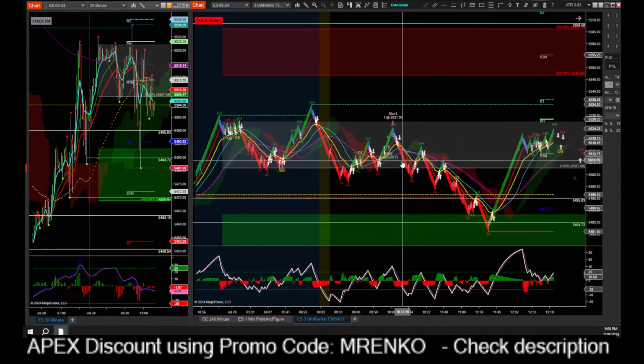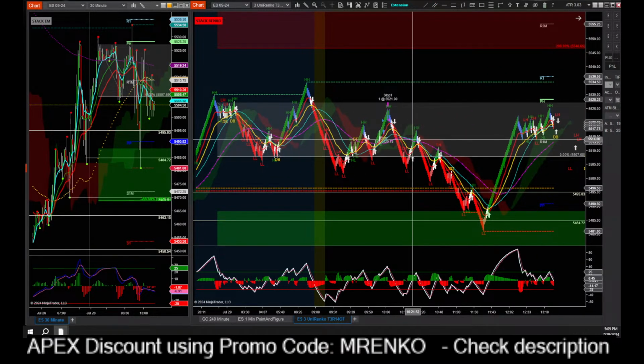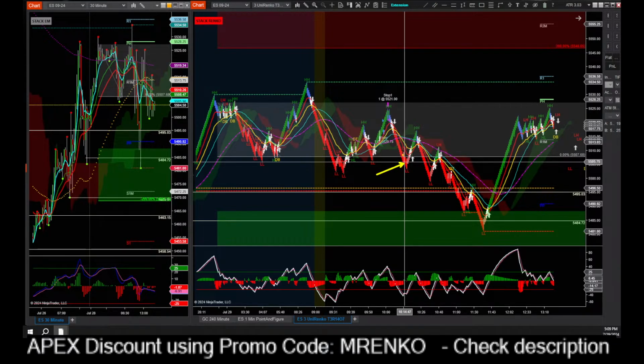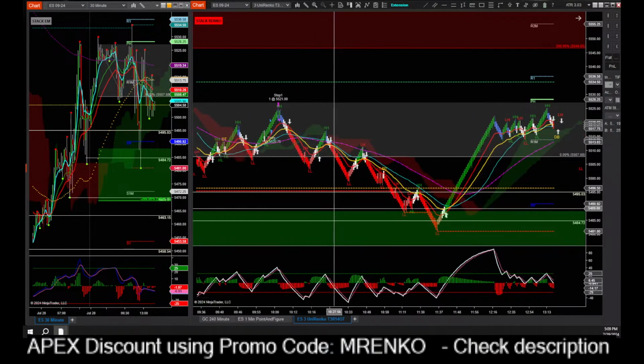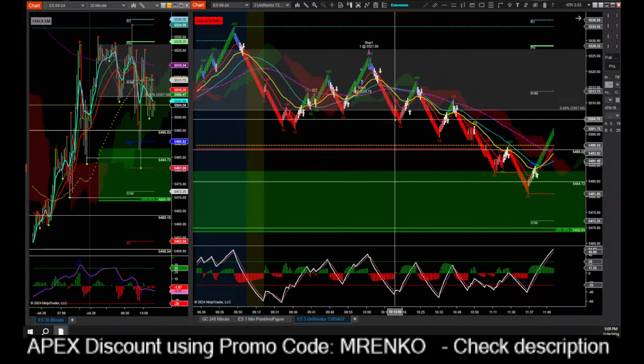Then you go here, and it started to come down. There's no entry here. In this one you have only one candle to the downside, and then it was very close to that low, or double bottom, right there.